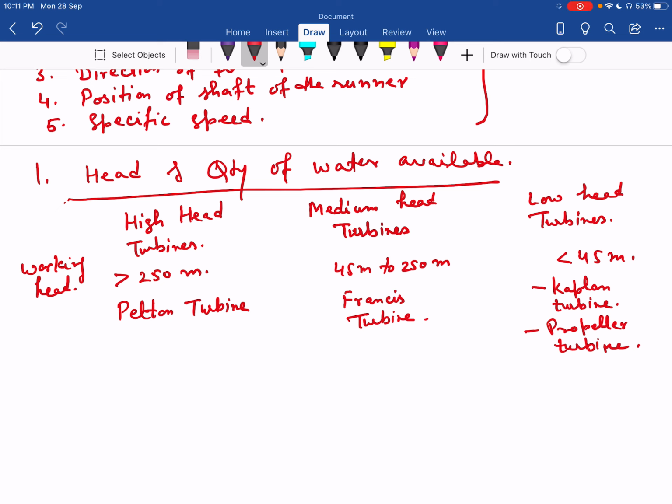Now, when the head available is high, the quantity of water required to produce power is low. So here Q is low, the amount of discharge required is low. Here Q is medium and here Q is high.